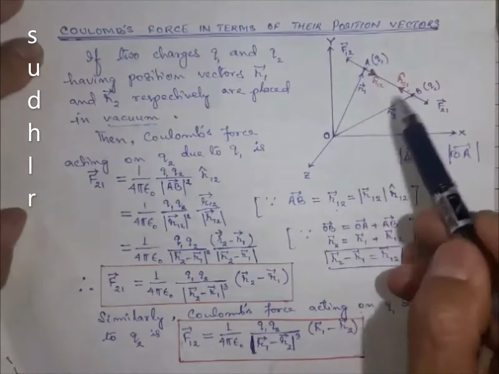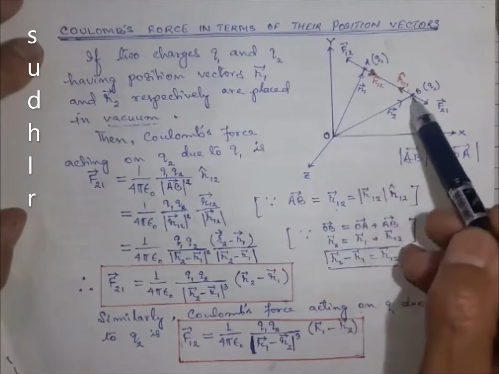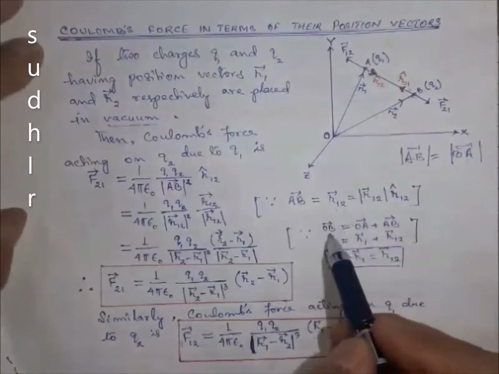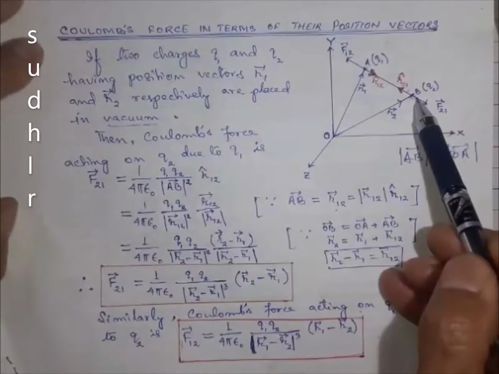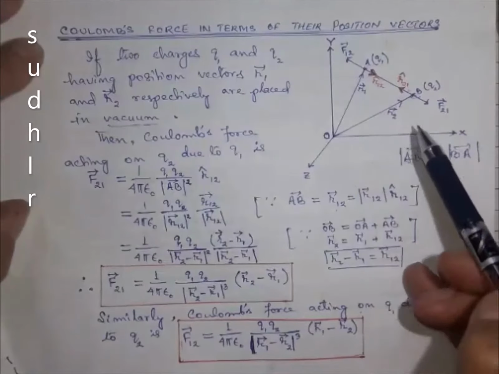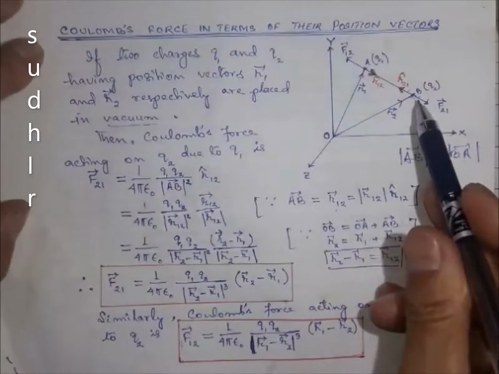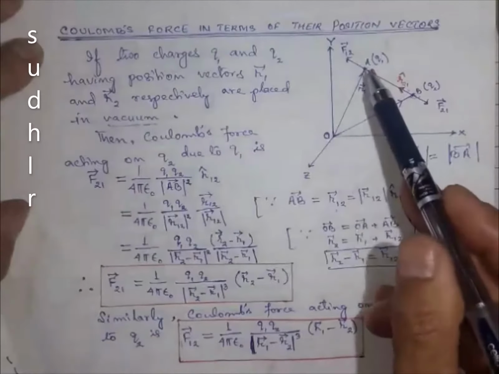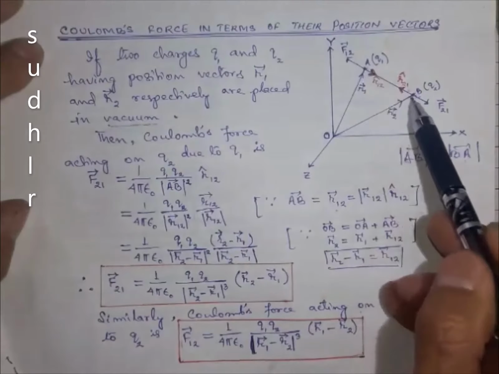OA plus AB taken in order will be equal to the third side taken in the opposite order, OB. So OB vector will be equal to OA vector plus AB vector. If you represent these in terms of their position vector, then OB vector means R2 vector will be equal to what? R1 vector plus R12 vector.